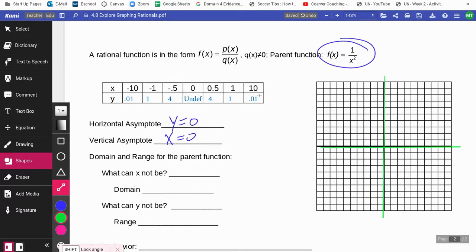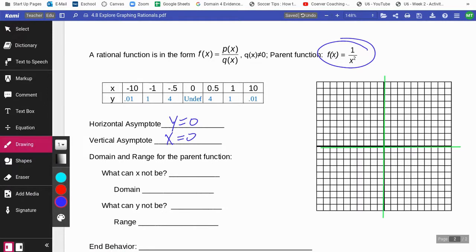Okay, and now that helps me kind of guide these points. Okay, so let's see here. I have 0.5 and 4, 1 and 1 there, and then 10 and really close to 0. So I have this little curve right here, and I have basically a mirror image on the other side.